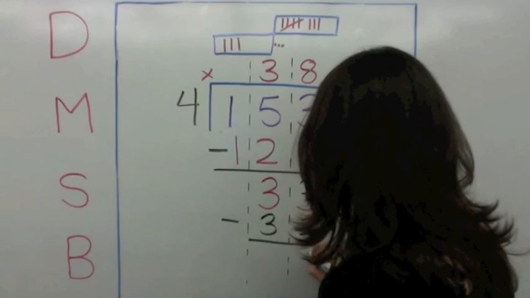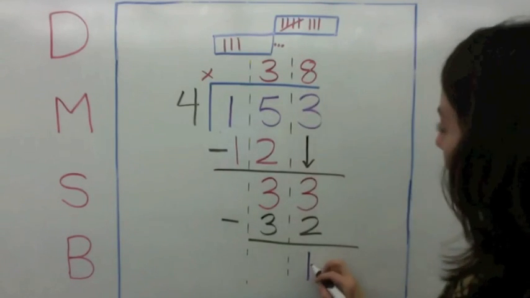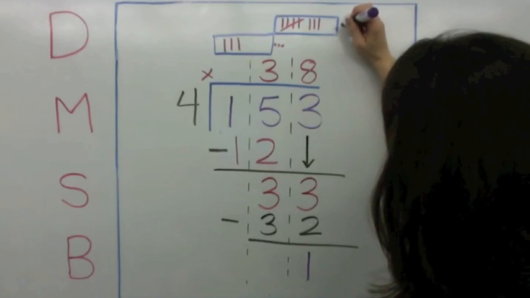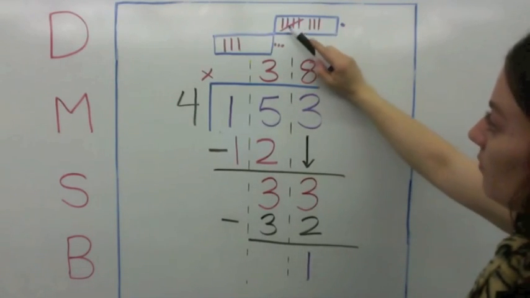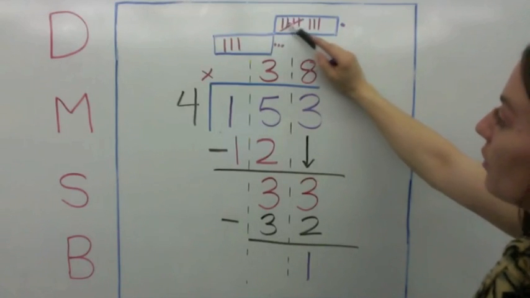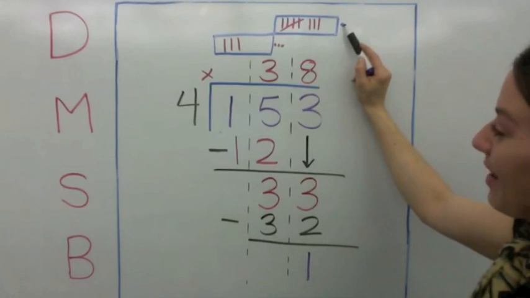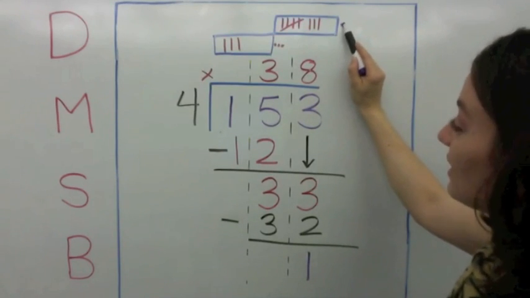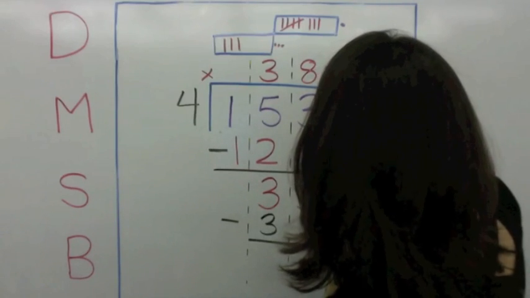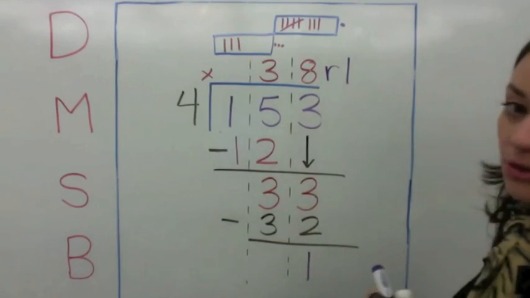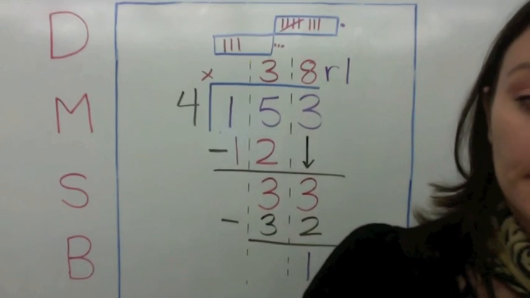So if this is your remainder, my friends, I want you to put this one up here. Okay? What this means is that you have 32 plus 1 more is 33, right? Yes. But this is what's left over. So your remainder here is 1. So the answer is 38, remainder 1.